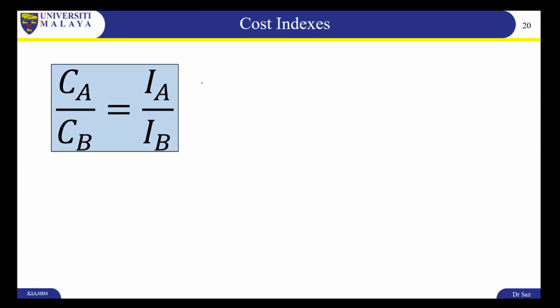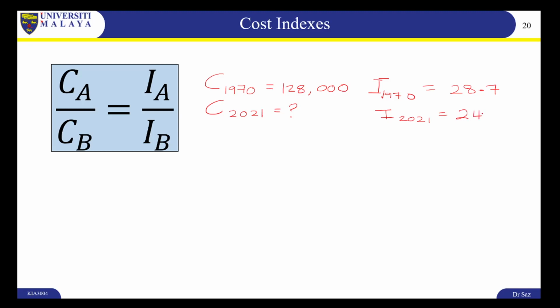Okay, let's go back. The cost in 1970 was 128,000. The cost in 2021 is unknown. We know that the index in 1970 is 28.7, and the index in 2021 was 242.7.